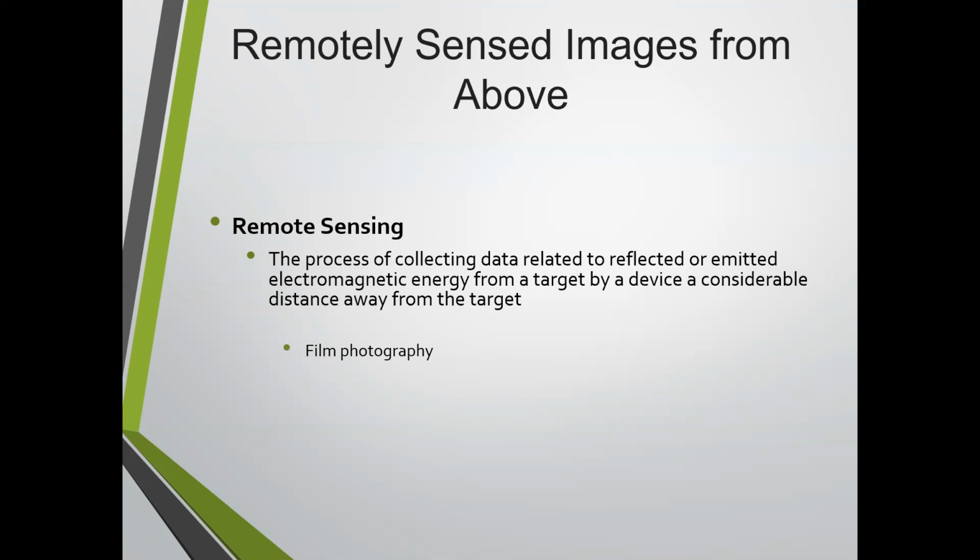So film photography is certainly an example of remote sensing, and like I said, it's passive remote sensing. It was developed pretty early, in the 1850s I believe. Even up until the digital age, it was considered pretty much one of the best.